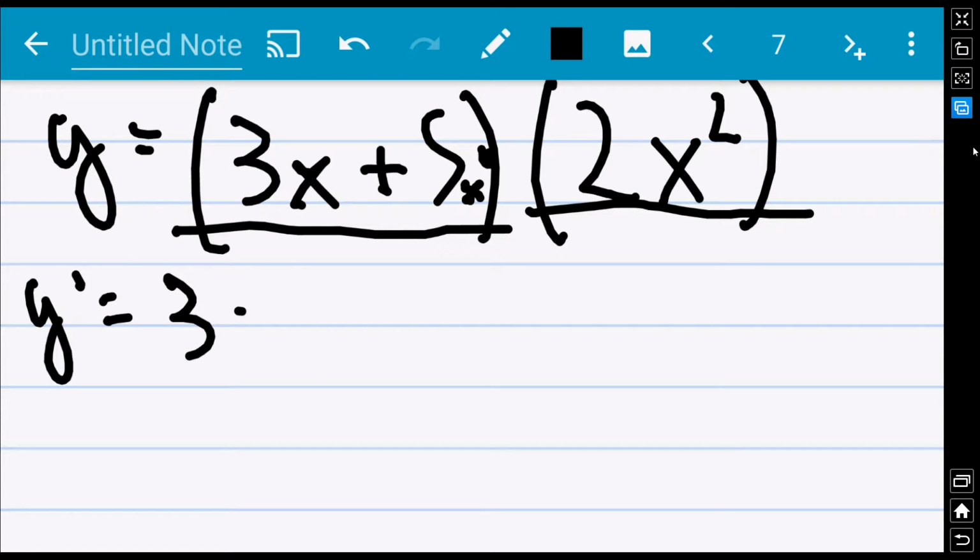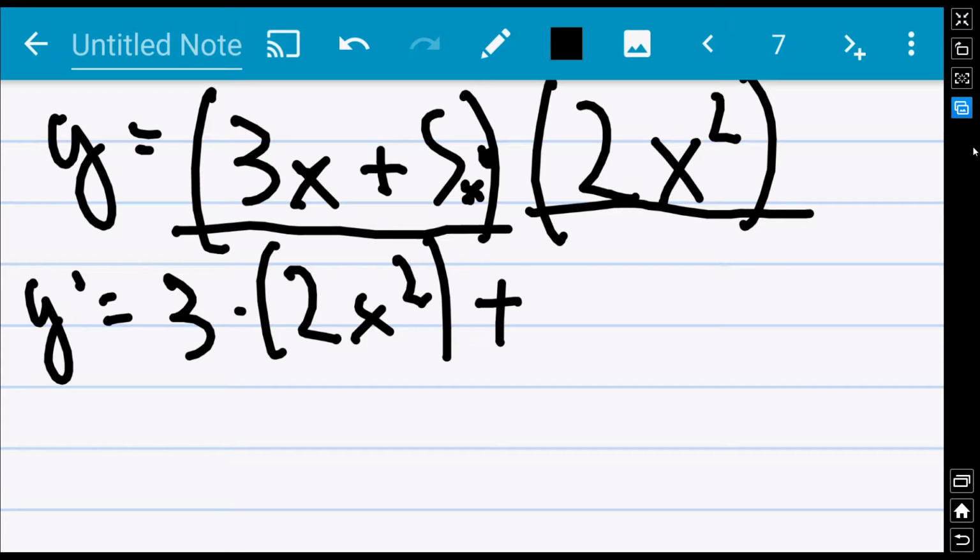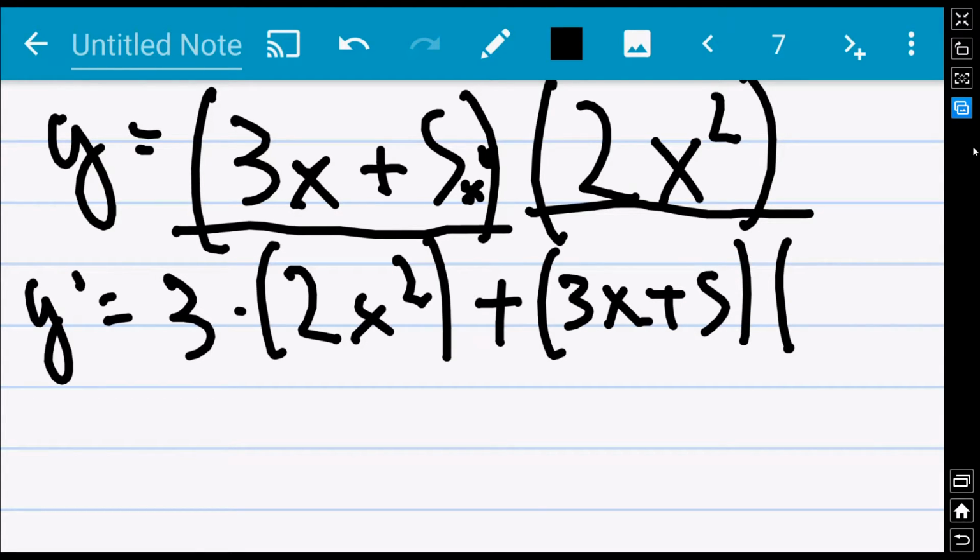We have to multiply this by 2x squared. And then we're going to do plus, and then this is going to be the same bracket as before, 3x plus 5 times, and then what is the derivative of 2x squared? It is 4x.